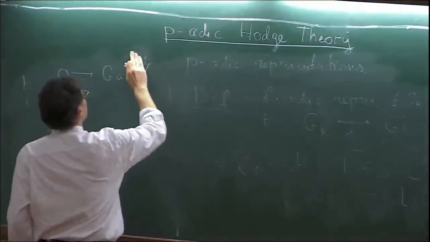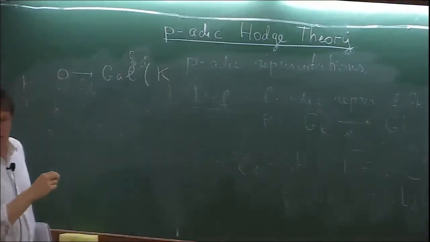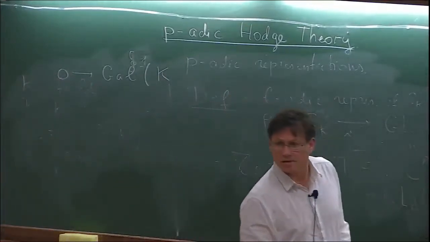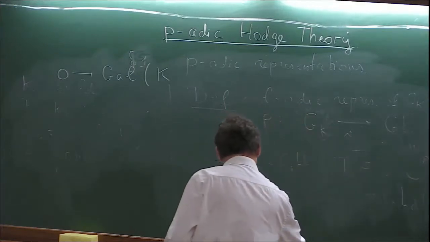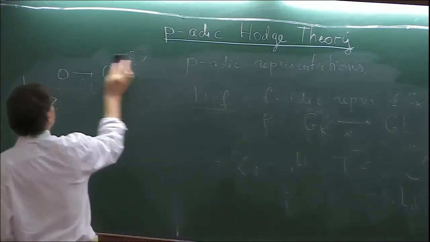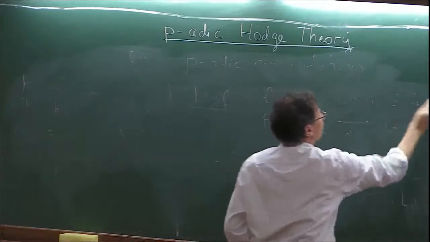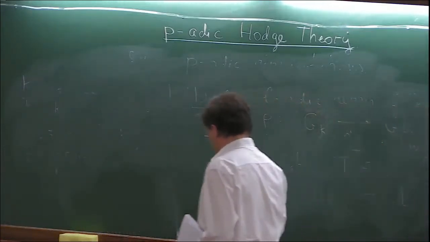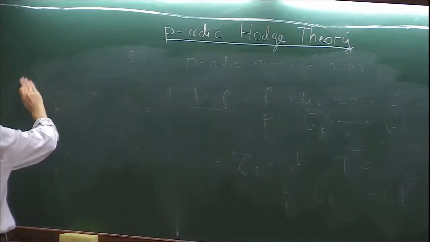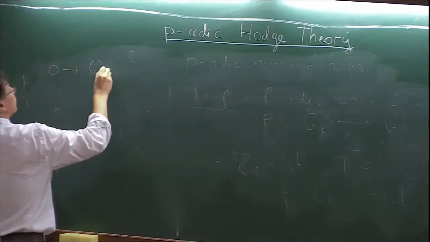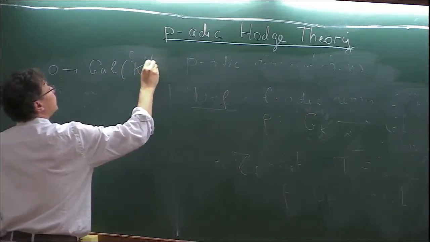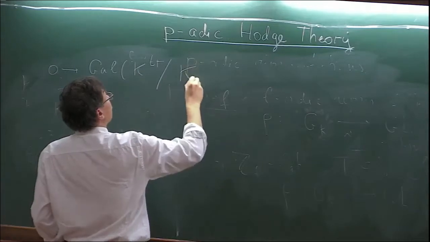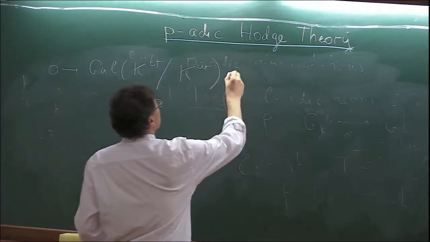The Galois group of a tame extension over unramified extension.